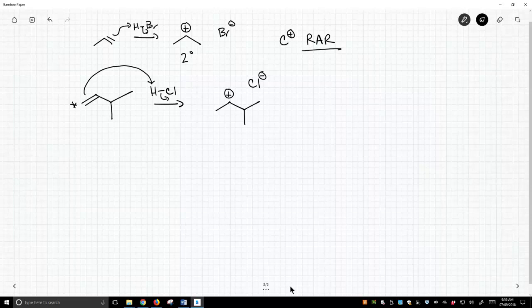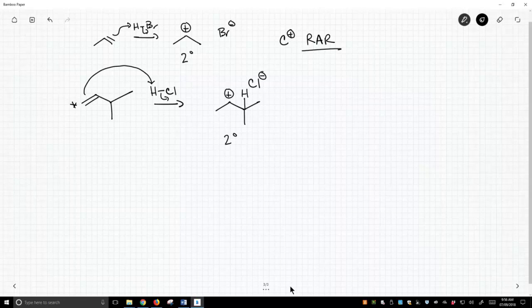Now, this carbocation is a secondary carbocation. Secondary carbocations aren't necessarily as stable as other carbocations, namely tertiary carbocations. So here's a case where if this molecule can undergo a rearrangement to form a tertiary carbocation, we're going to see it. And this carbocation will.